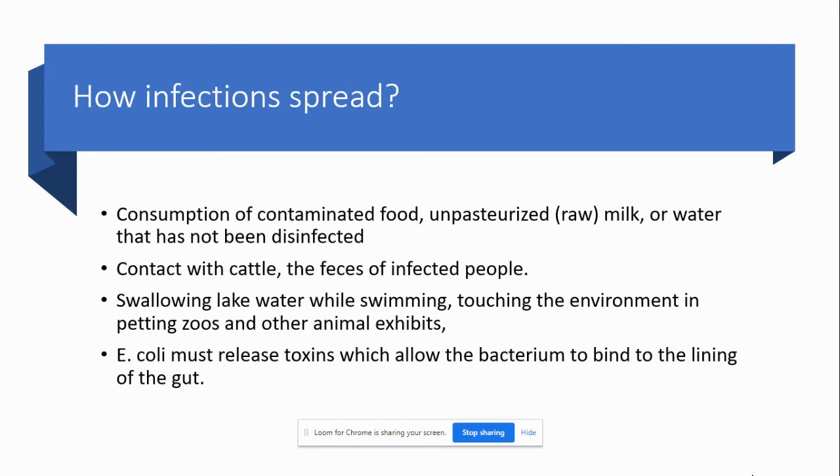Some unusual ways are swallowing lake water while swimming, touching the environment in petting zoos or other animal exhibits, but they do happen. E. coli must release toxins which allow the bacterium to bind to the lining of the gut.